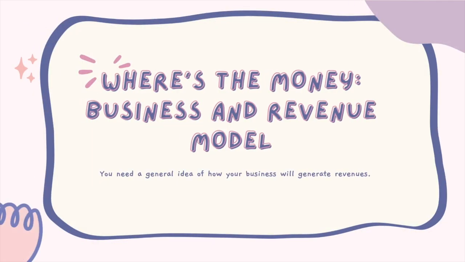The second question is, where's the money? It's related to the business and revenue model. You have defined a mission statement, a vision. Start thinking about where the money will be coming from.